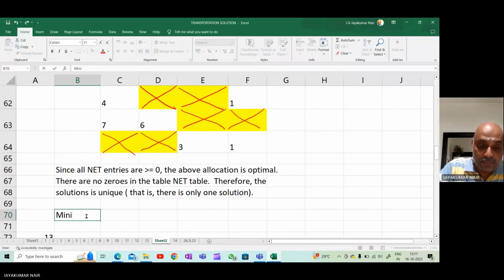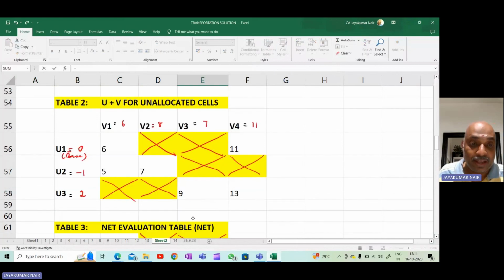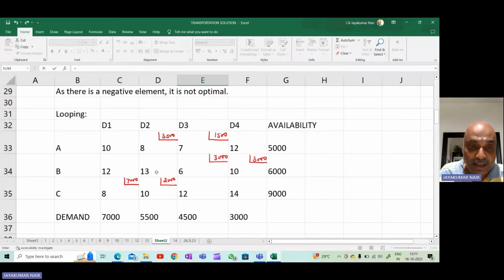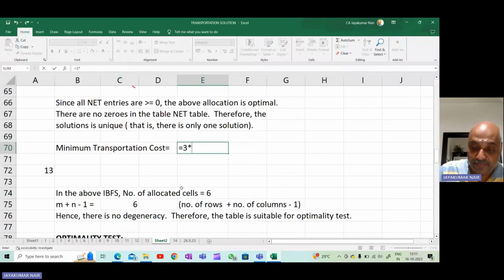Minimum transportation cost is equal to the number of units you are transporting. In the first place, it is 8 into 3,500. That many units you are transporting.